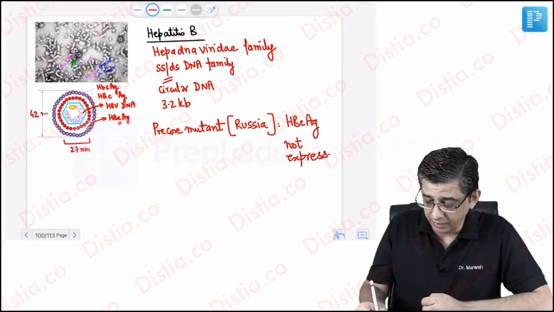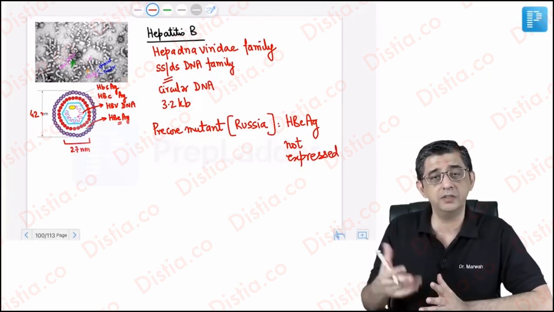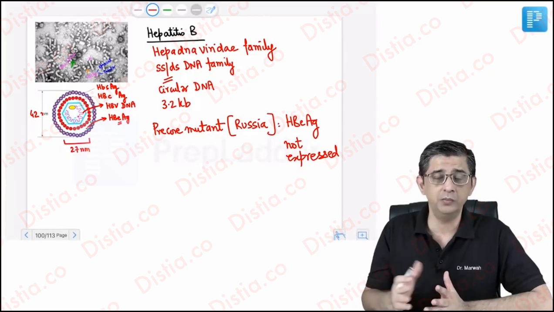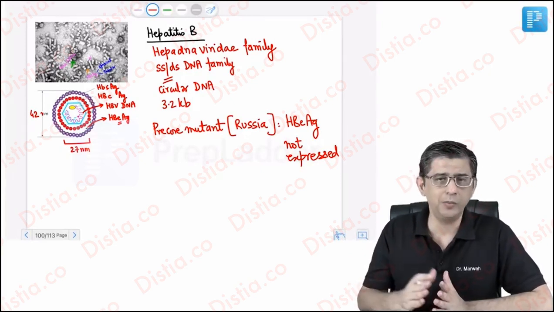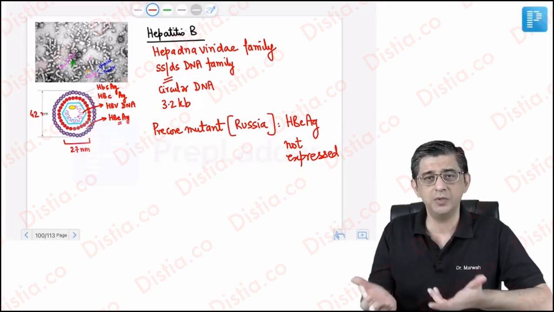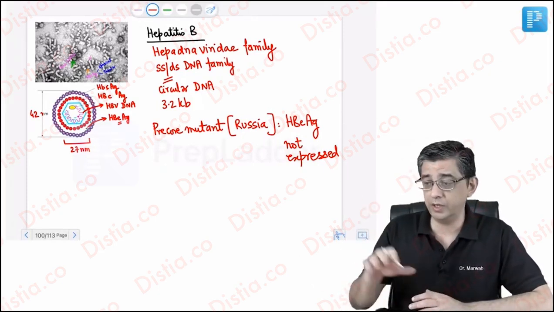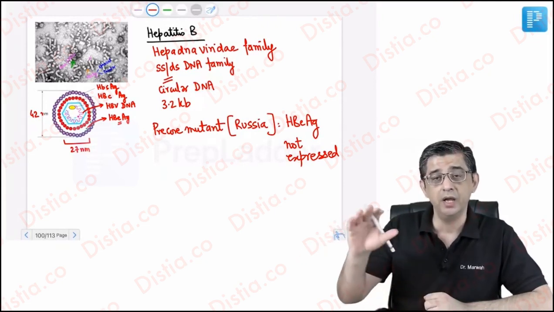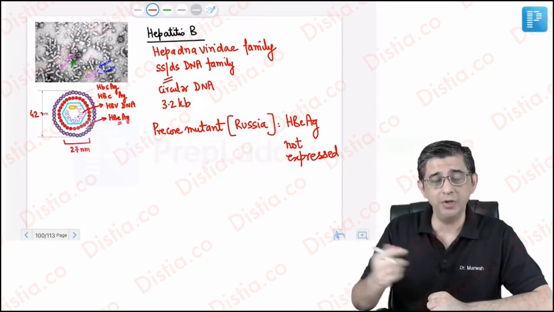So if this E antigen is not expressed, you will not be in a position to know whether the virus is replicating or not. You see, why it's important is when you are facing an enemy. I would not like to introduce politics here, but I can say India is challenged by so many countries. If we don't know what our neighbor is doing, whether they are amassing tanks, whether they are putting up missiles in a particular area, you need to know what your enemy is doing.